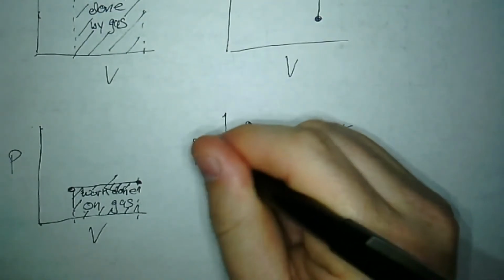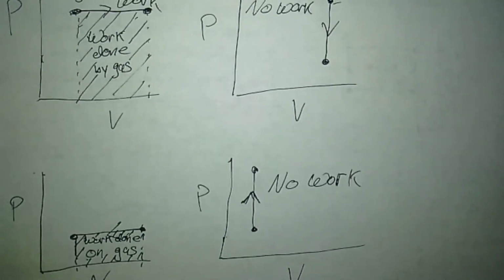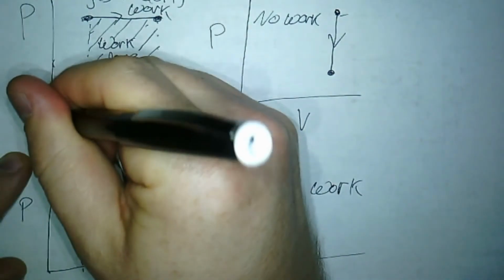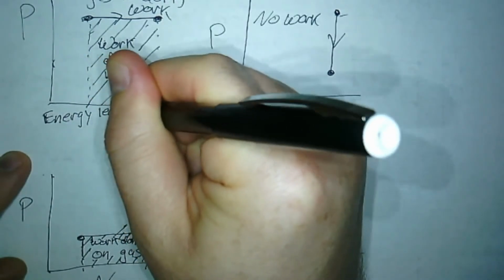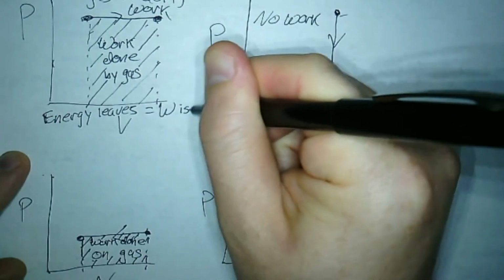And let's label our graph. Okay, so in this one, energy leaves, right? So let's write this somewhere. Which tells me work is negative.